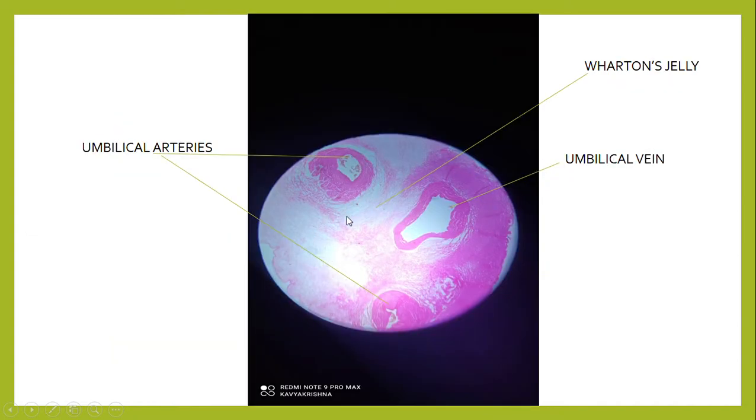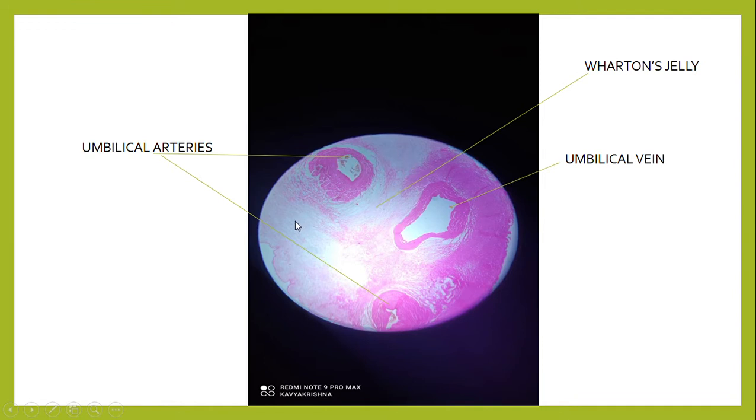This is our college slide where we can see two umbilical arteries and an umbilical vein. This is a slide that we have to study in our department. This is the umbilical vein, and we can see the two arteries. The umbilical vein is more collapsed; the lumen is larger. The arteries show blood stains within them, and these are the walls of the arteries where we can see the smooth muscle bundles.